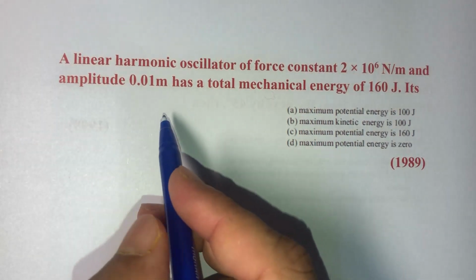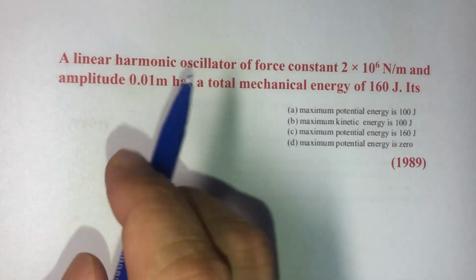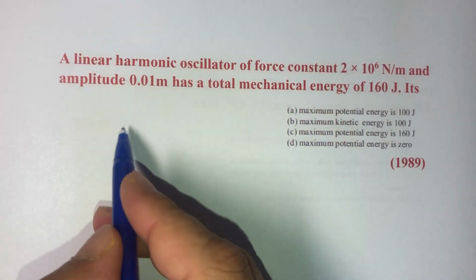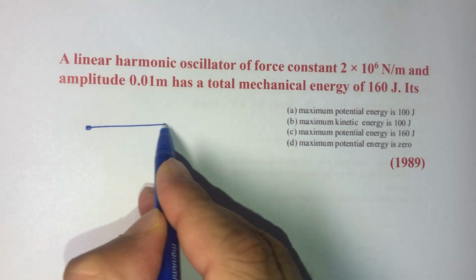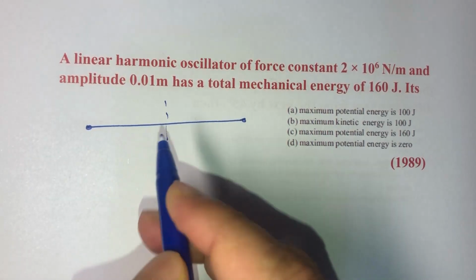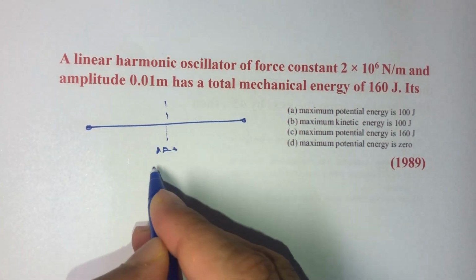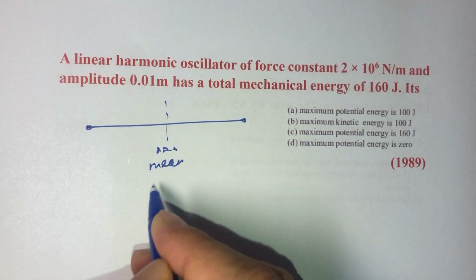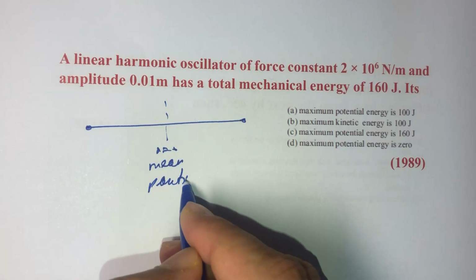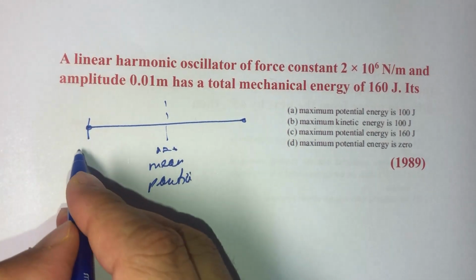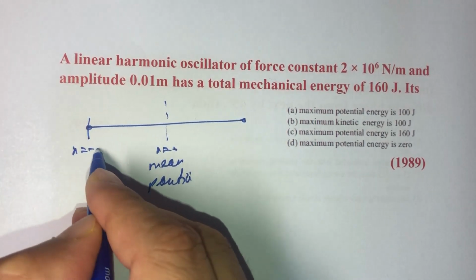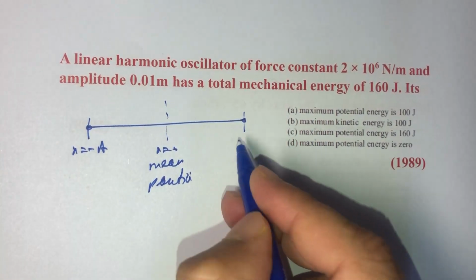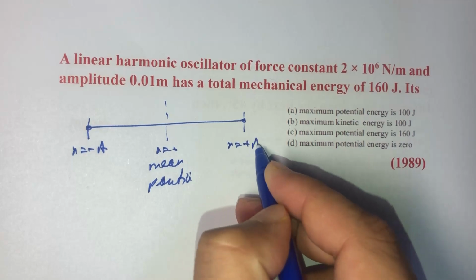Let me first draw the basic SHM diagram which we usually use. So this is our mean position, that is x is equal to 0, and we have our extreme positions. Let us suppose this is x is equal to minus a, the other extreme position x is equal to plus a.